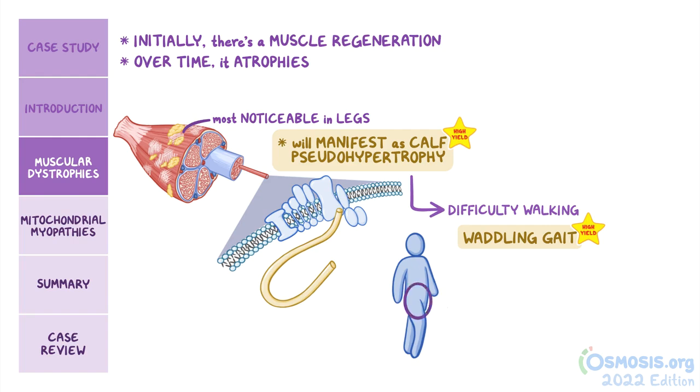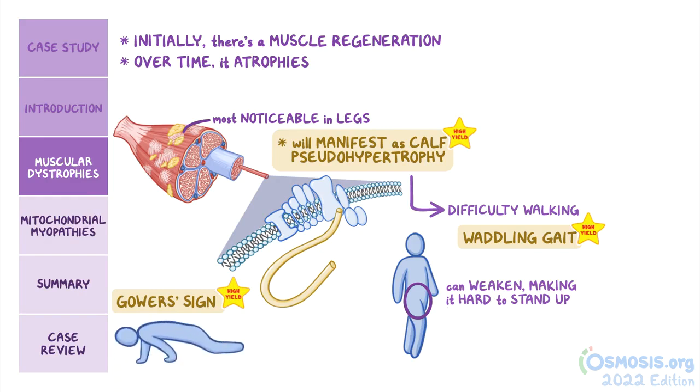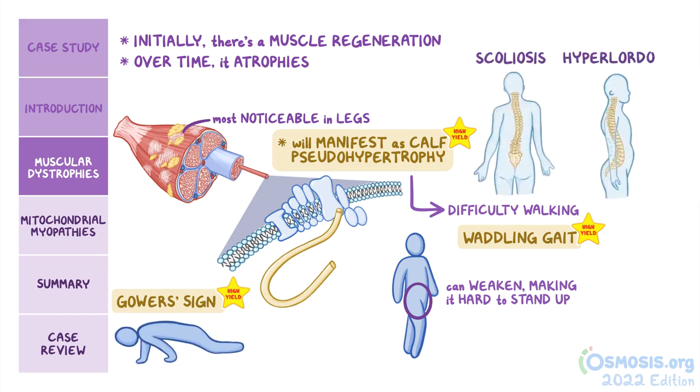Muscles around the hips and upper legs can also weaken, making it hard for these individuals to stand up. Now, an important term to remember is Gower's sign, which is when an individual that's lying on their stomach needs to use their arms to slowly walk back up in order to stand. Individuals can also develop skeletal deformities like scoliosis and hyperlordosis.